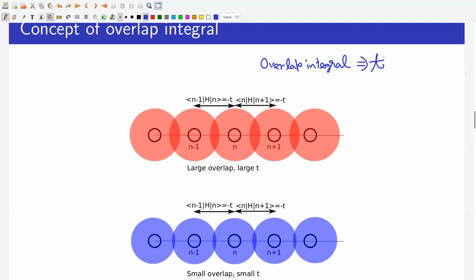It is sufficient to know that more the overlap between two orbitals, more will be T. If you think in terms of lithium atom, 2s orbitals overlap more, and T for 2s orbitals is large. On the other hand, 1s orbitals overlap less, and T for 1s orbital is small.